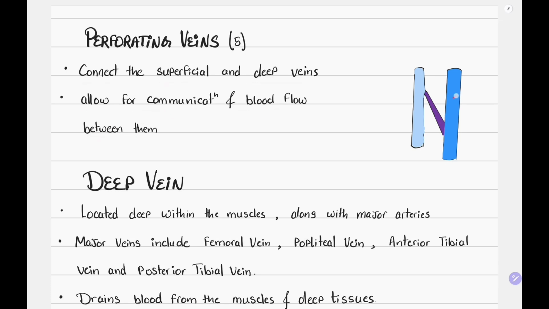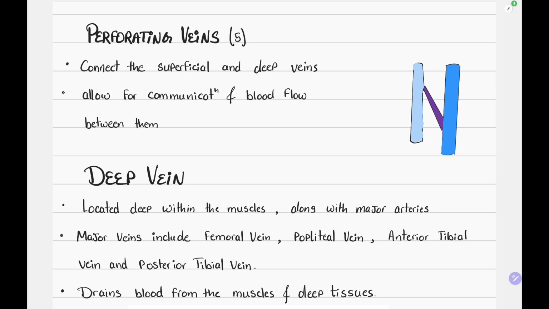If this is our superficial vein and this is our deep vein, which is lying deep in the leg, these are the perforating veins which connect the superficial vein and deep vein. There are five major sets of perforating veins, which I'll cover later in the video.